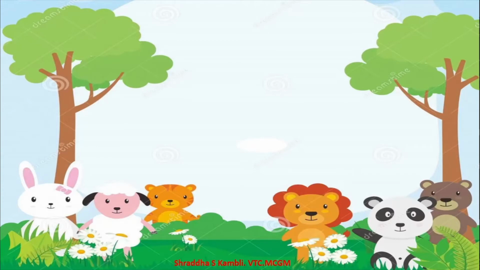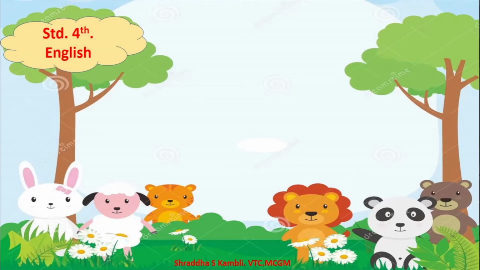So children, the lesson that we are going to learn today is a lesson from your standard 4th English textbook. And look carefully at the image here that you can see. What can you see here? You can see some trees and you can see a number of animals.